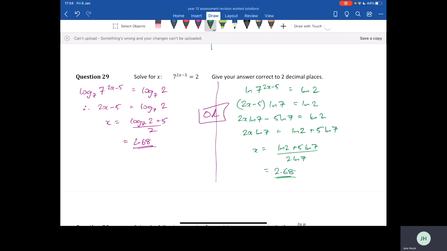If, by the way, it said write it in exact form, we could use our rules to simplify this, because I've got ln 2 plus ln, oh, it's not very nice, is it? 7 to the power of 5 over ln 7 squared. Okay, so 7 to the power of 5 obviously is quite a big number, but we could have 7 to the power of 5 times by 2, all over log of 7 squared.